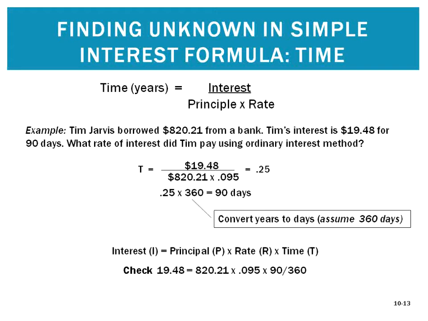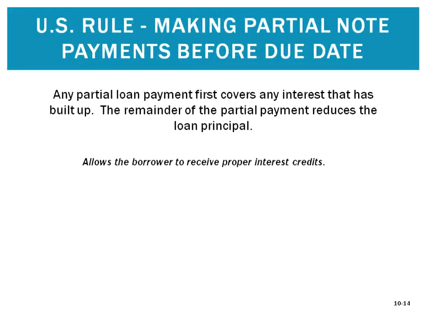But because we're using ordinary interest method and we're calculating in days, a year is 360 days. So 0.25 times 360 is equal to 90 days. So again, just plug in your values and check that if you were to do the original format of the equation, which is interest is equal to PRT, principal, rate, and time, then you should get 19.48.